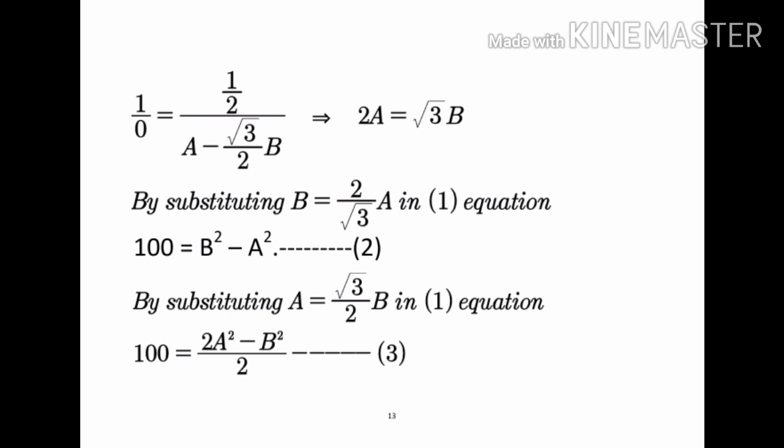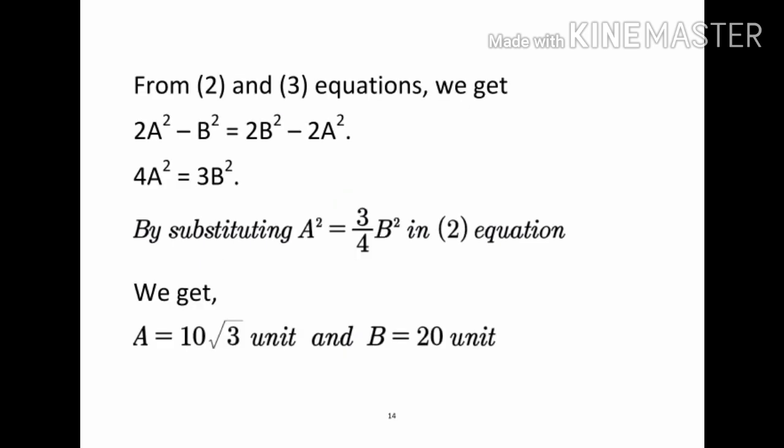That is taken as the third equation. And from the second and third equations, we can get 2a square minus b square is equal to 2b square minus 2a square. That means 4a square equal to 3b square.